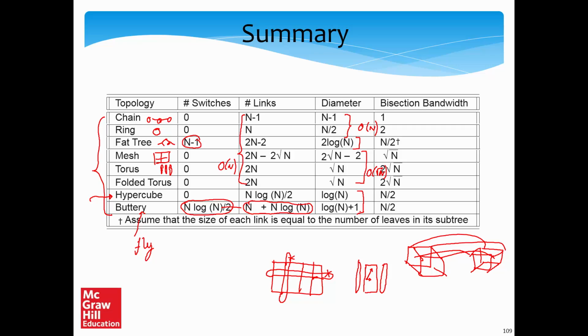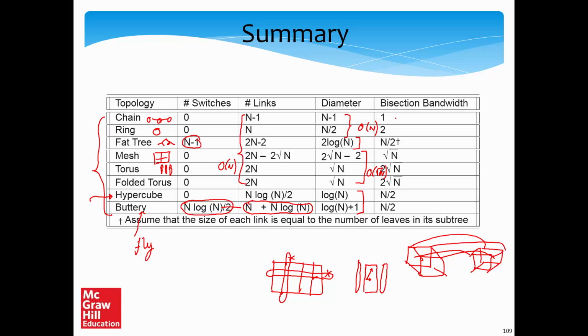So the hypercube and butterfly are actually meant for very, very large networks. Both on-chip networks as well as off-chip networks, if the number of cores or the number of nodes is in the tens or hundreds or thousands, then the hypercube and butterfly are the best. The main reason being, yes, we do require a lot of wires, but the worst case end-to-end distance is still bounded by log n.